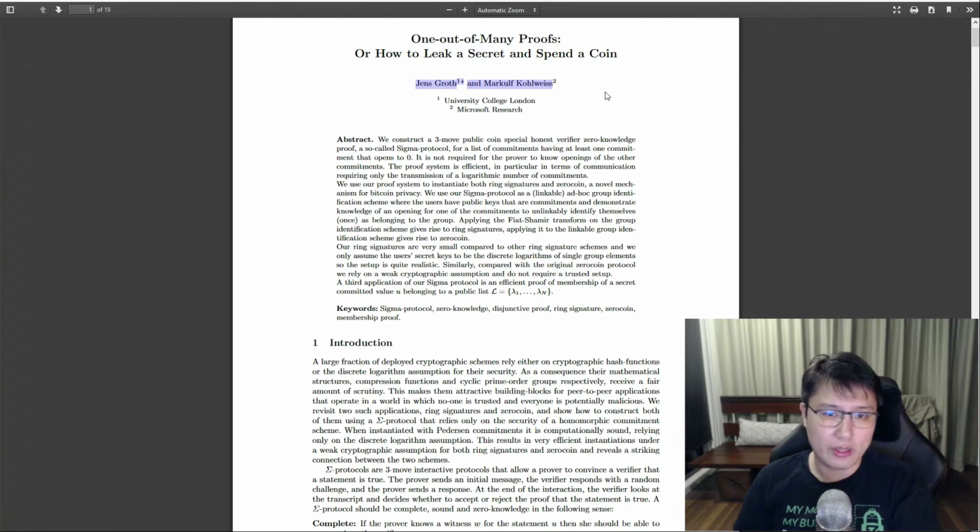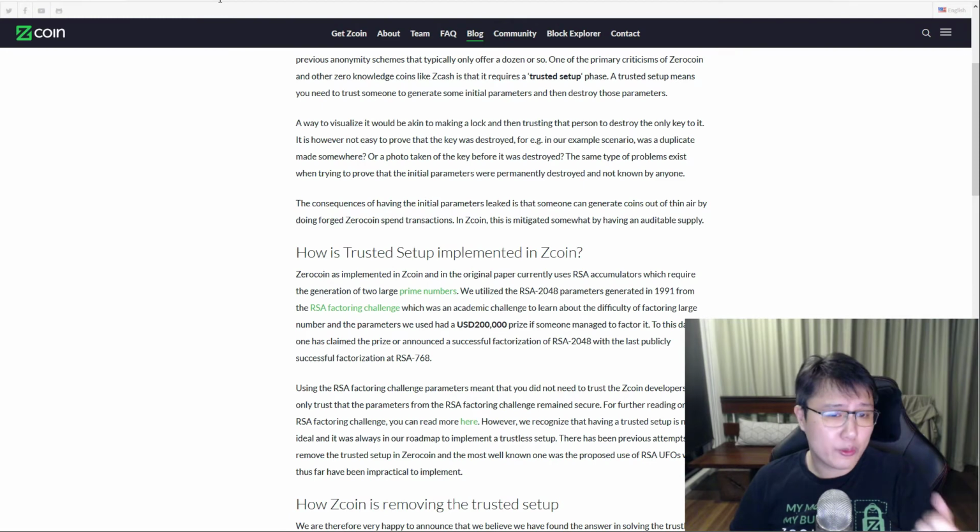Jens Groth now works for Dfinity, but he's one of the fathers of a lot of these privacy systems, even zk-SNARKs. And Markulf Kohlweiss is currently working for IOHK, if I'm not mistaken, but is also a professor at the University of Edinburgh. So these are really top level guys. So that's the thing: it removes trusted setup.